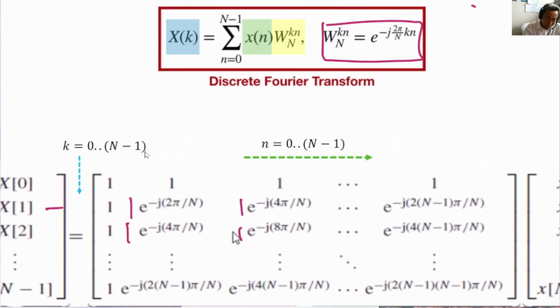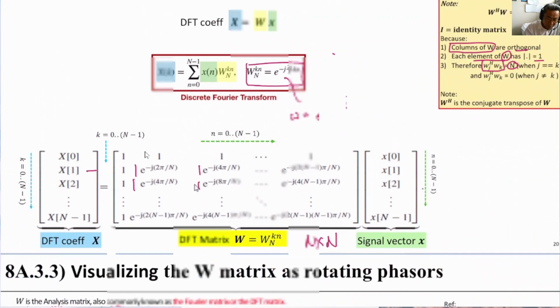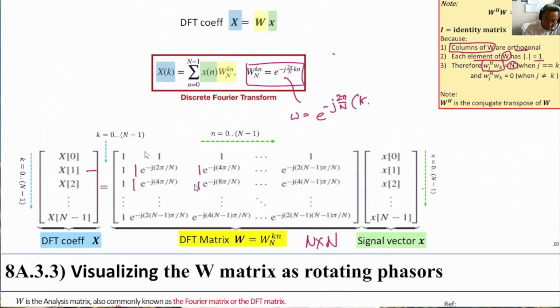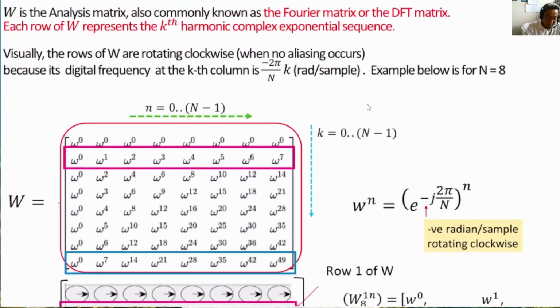Let's plug in, and if we are going to represent W as e minus j 2 pi over n, then you'll realize that as we substitute different k's and n, we can see it in this form.